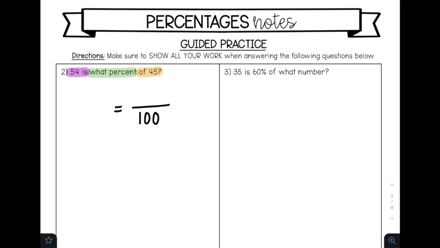I know my percent is missing. And then you have 5.4 over 45, and then you can solve for x.